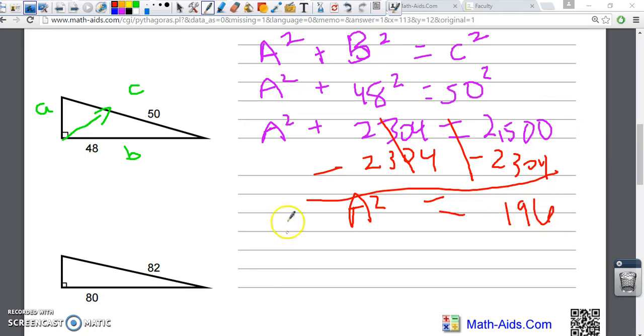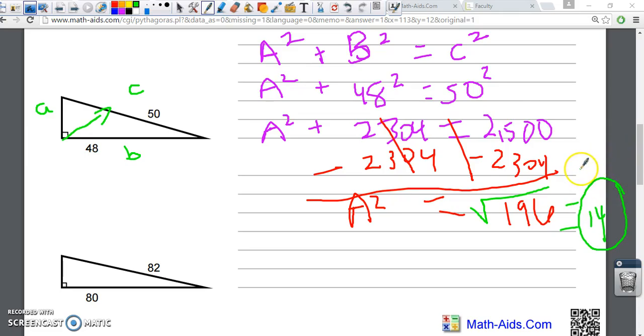But remember that the final answer has to be the square root of this number. So I will now figure out what the square root of 196 is. Square root of 196 equals 14. So the final answer is A equals 14.